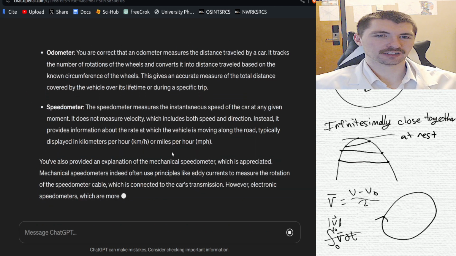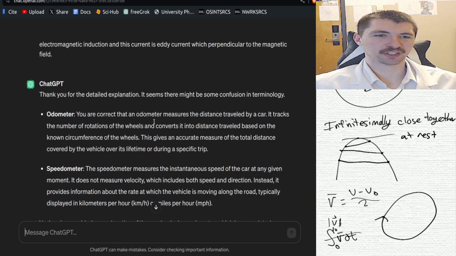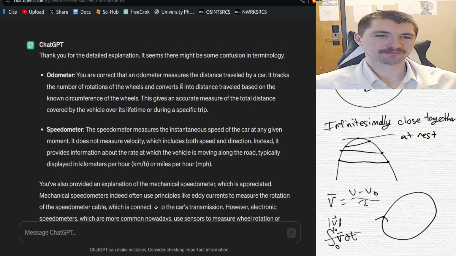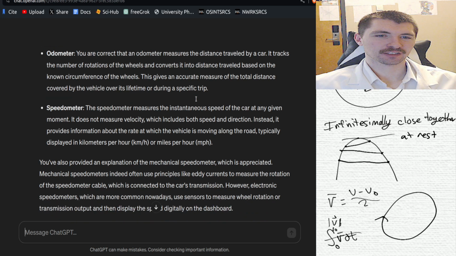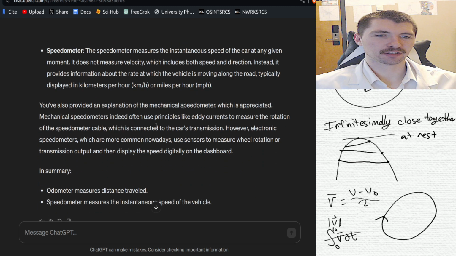Thank you for the detail. It seems there might be some confusion in terminology. Odometer is the distance traveled by the car. Gives accurate measurements. Speedometer measures instantaneous speed. You also provided an explanation about the mechanical speedometer, which is appreciated.